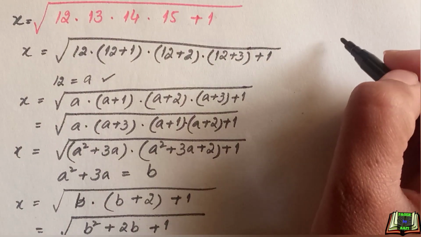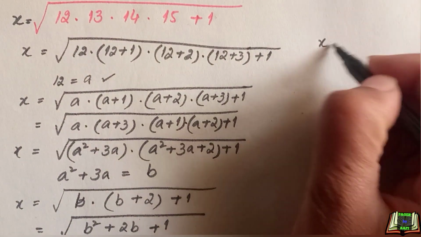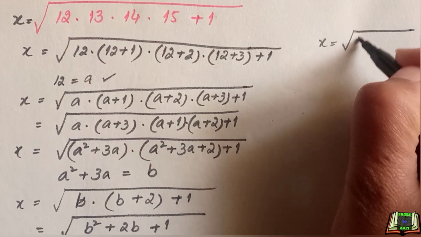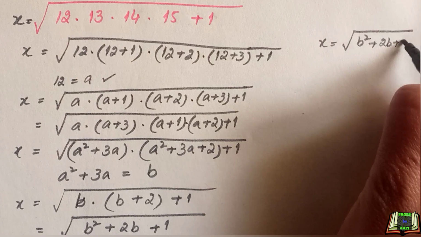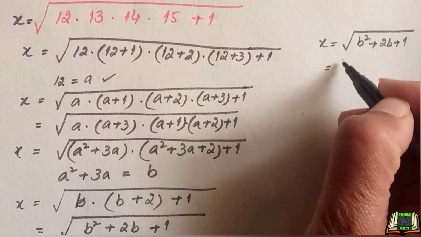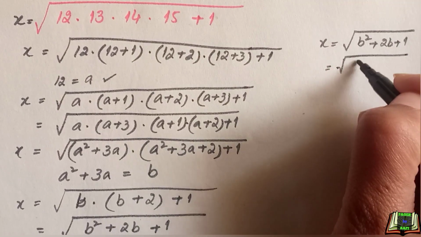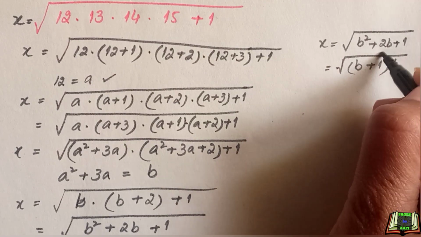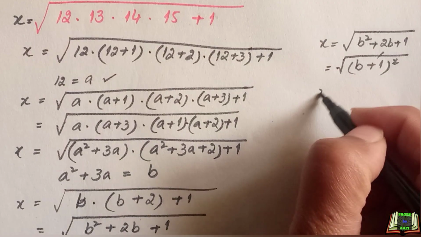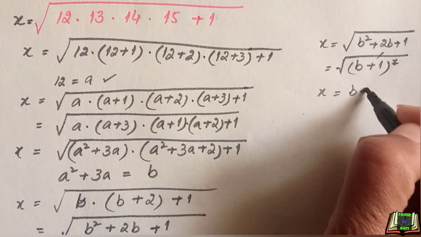I hope most of you get that this is the form of a square plus 2ab plus b square, which is an algebra identity. So that's equal to a plus b whole square, meaning this is equal to b plus 1 whole square. So the square and root cancel out. We are left with x is equal to b plus 1.